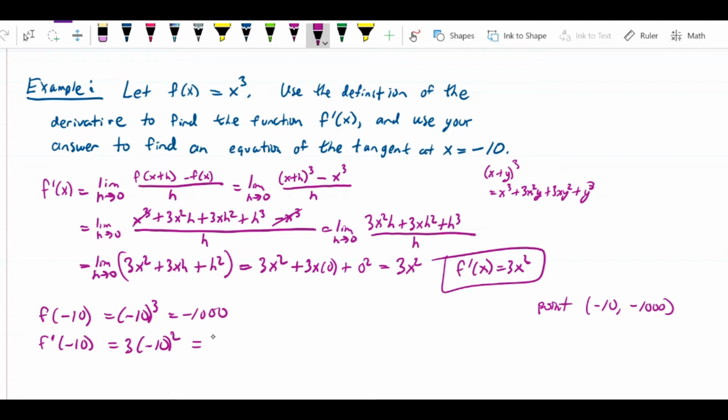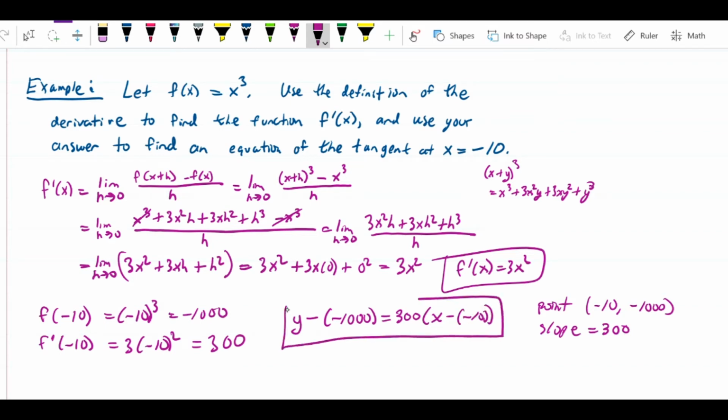Negative 10 squared is positive 100, so that's just going to be 300. So the slope equals 300, and an equation of the line is y minus negative 1,000 equals 300 times x minus negative 10. I would accept that as an answer, but we might write it a little bit neater. It's y plus 1,000 equals 300 times x plus 10.